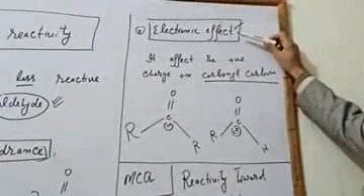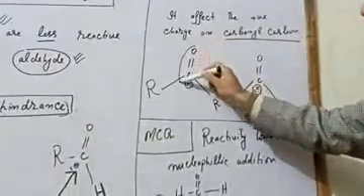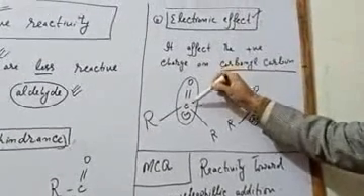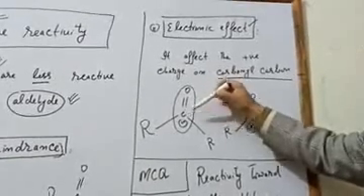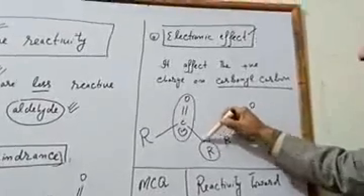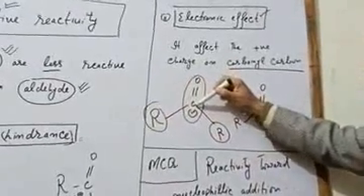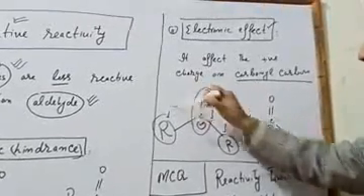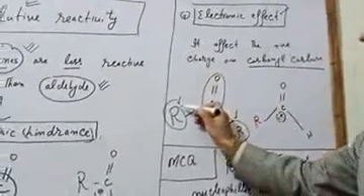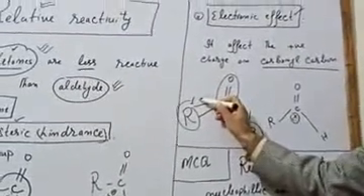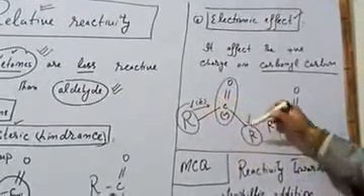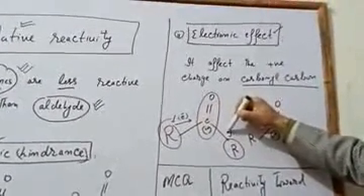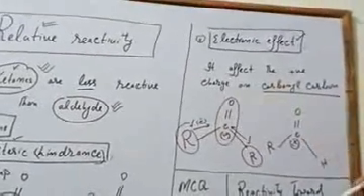Again, the environment of this carbonyl carbon: its reactivity will be affected by the nature of the groups which are attached to it. In ketones, two alkyl groups are attached, and both are electron donating.